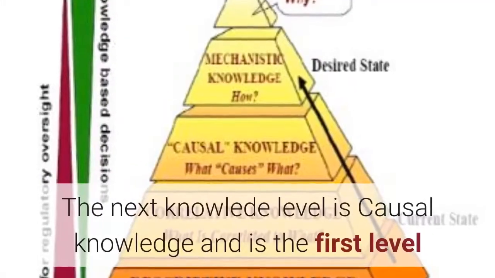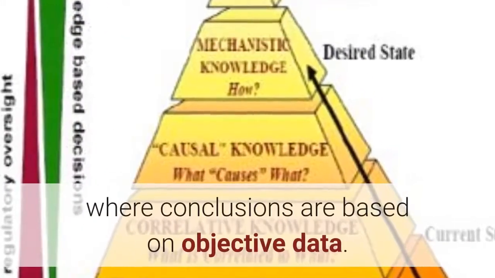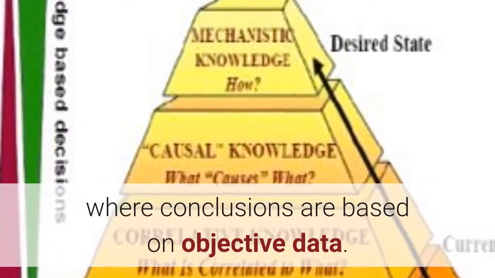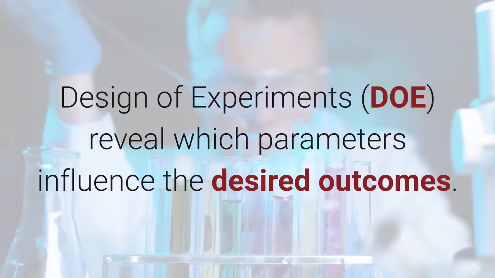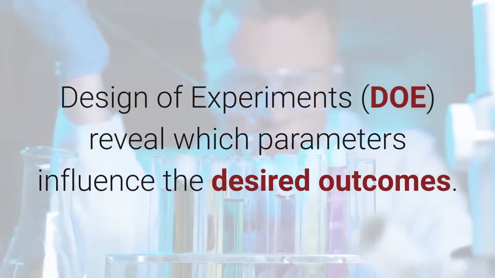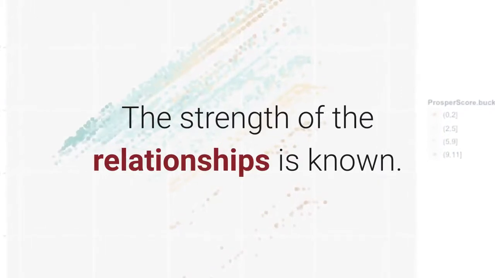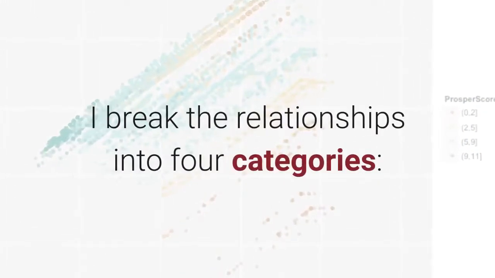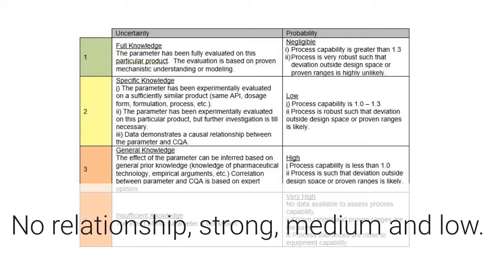The next knowledge level is causal knowledge and is the first level where conclusions are based on objective data. Design of experiments, DOE, reveals which parameters influence the desired outcomes. The strength of the relationships is known. I break the relationships into 4 categories: no relationship, strong, medium, and low.